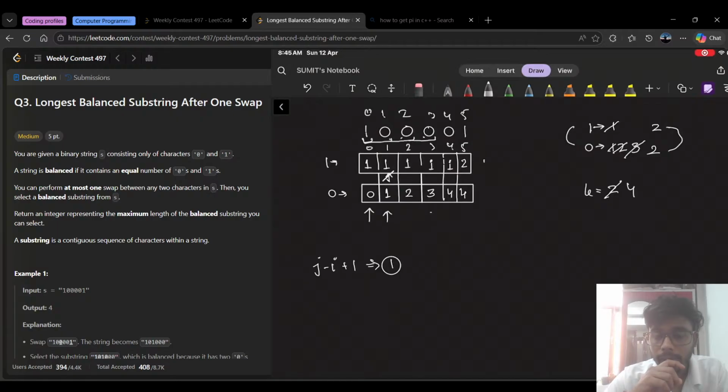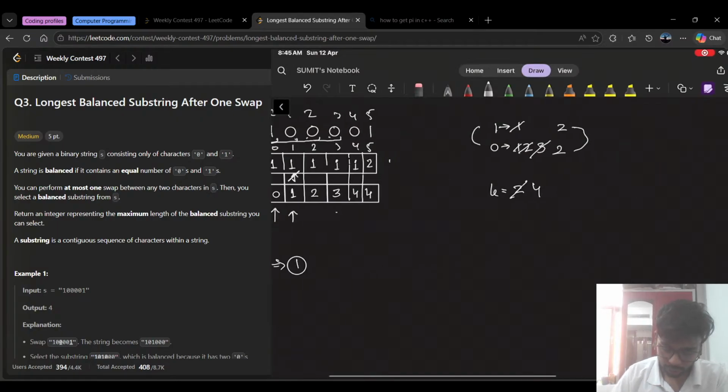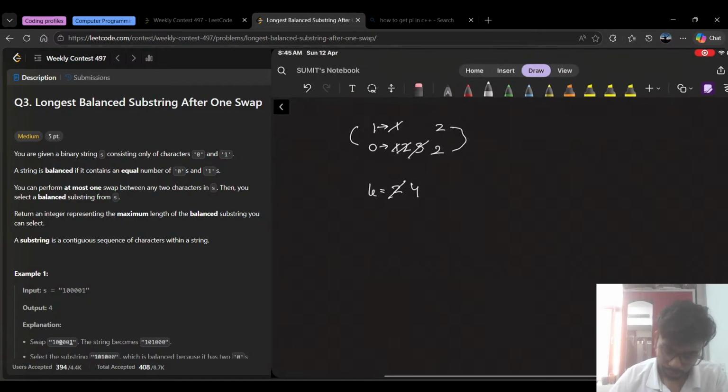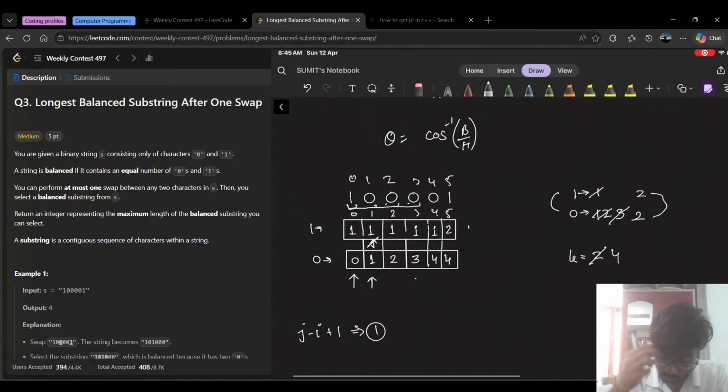So yep. Now first of all I need to make the frequency array for 1 and 0. So for 1, I can initialize with 0.